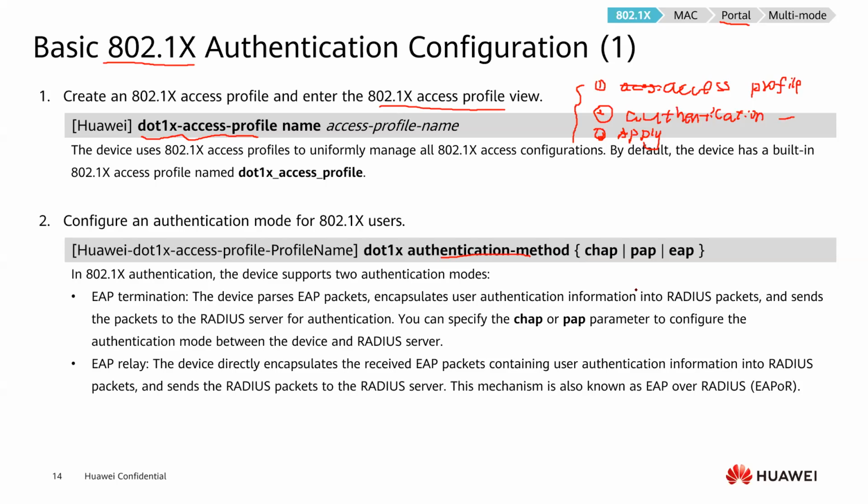If you want to use the relay mode, where the access devices directly encapsulate the packet into the RADIUS packet, you will set the parameter to EAP. And if you want to use the EAP termination mode, you will change the authentication method to CHAP or PAP.